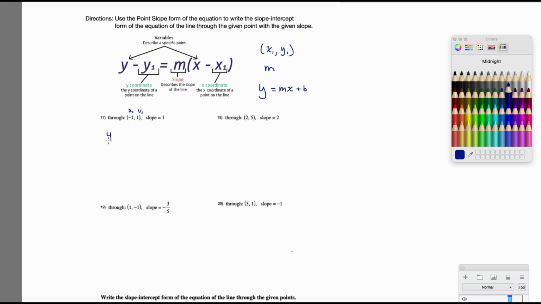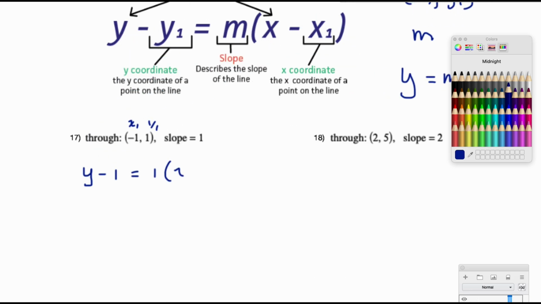We've got y minus y1, which is 1, equals 1 times x. Let's zoom in on this. x minus -1. Substituting the values, especially when it's negative in parentheses, is a good idea. That's going to make sure that we don't miss a negative number.